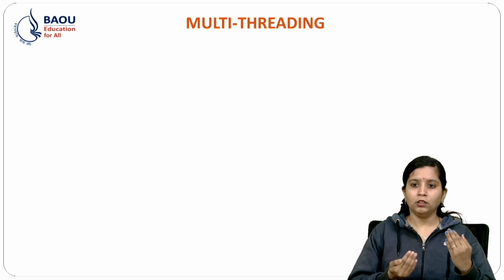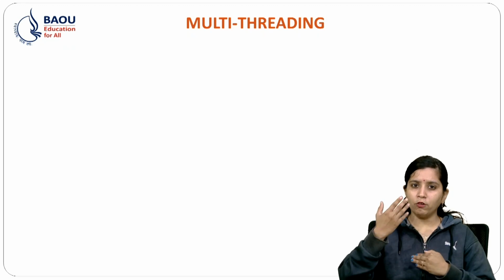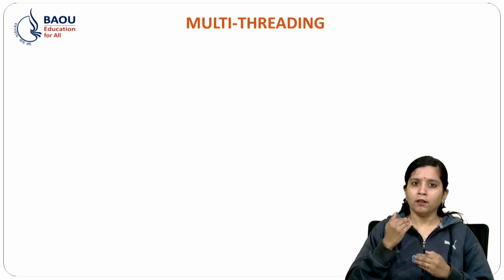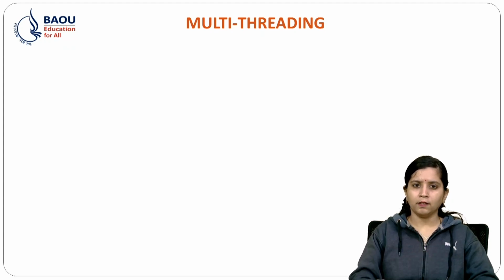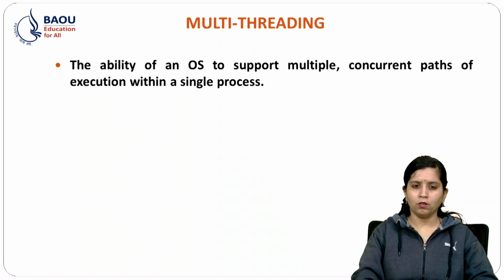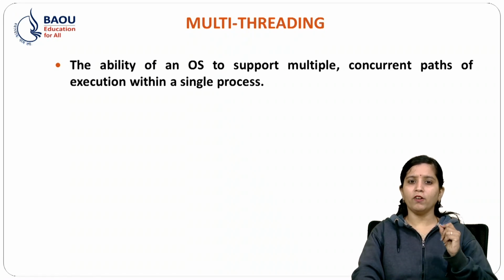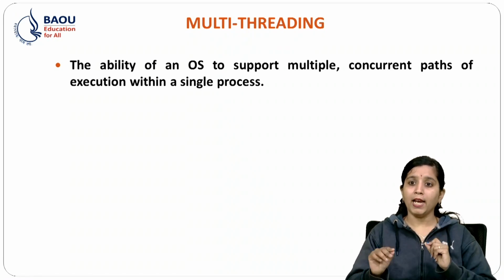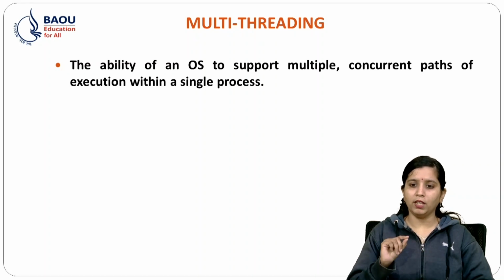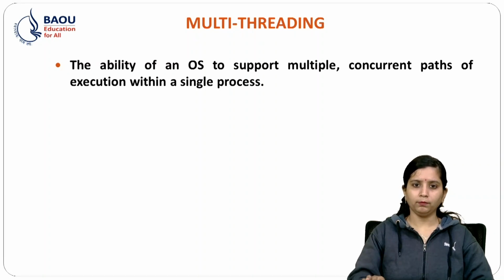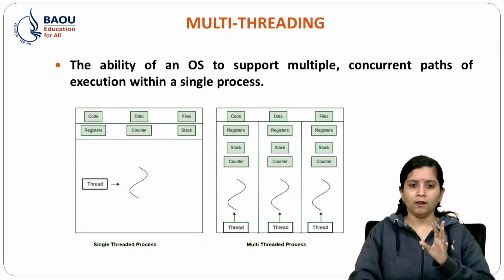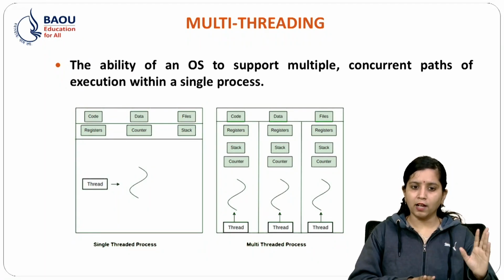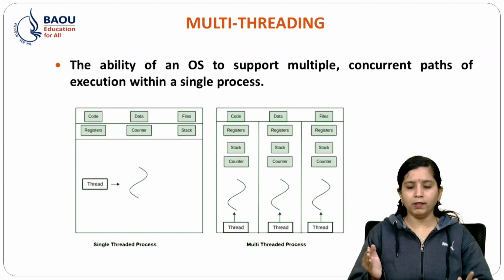Multi-threading is done to improve the performance of the application, as it is faster in many ways, which are discussed below. That is, the ability of an OS to support multiple and concurrent paths of execution within a single process. So over here, the difference of single thread and multiple threading is given.